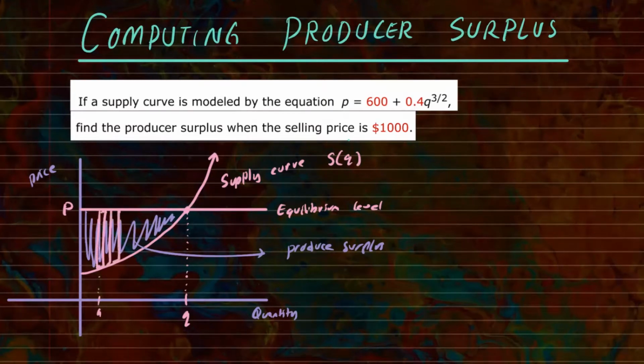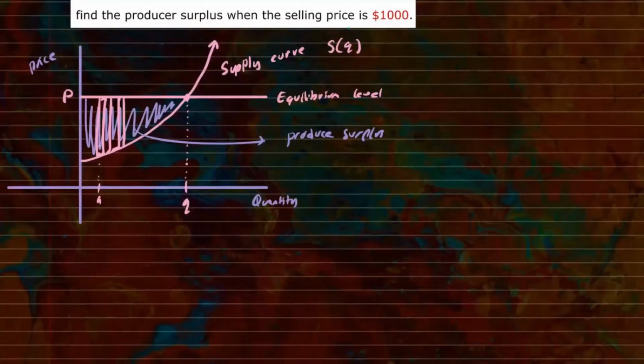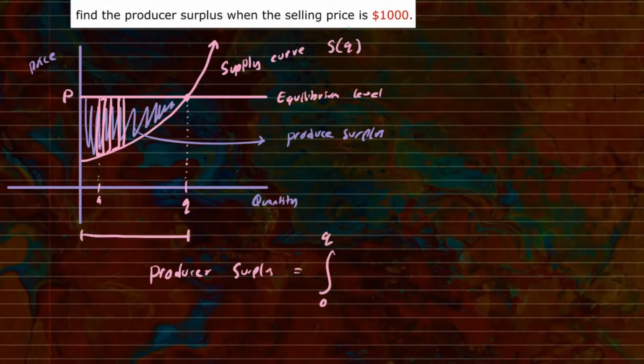As you construct an infinite number of thin rectangles, we get that definite integral. So the area of this region, the producer surplus, we're going to call that a definite integral. That would be the integral from 0 to Q. We're integrating from here to here of the function.